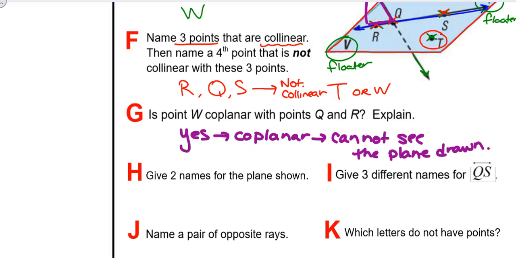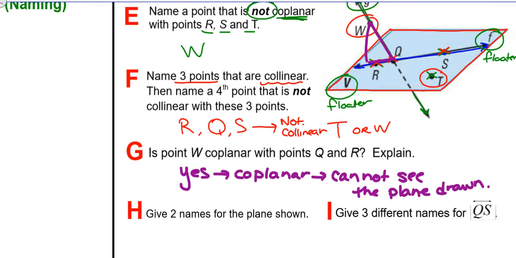Let's see, what else do we got? Give 2 names for the plane that is shown. So for that plane right there, remember, the easiest way is always use this floater, the nickname. So we have plane V, but we can also use any 3 points that make a triangle, but they have to be on the blue shape.